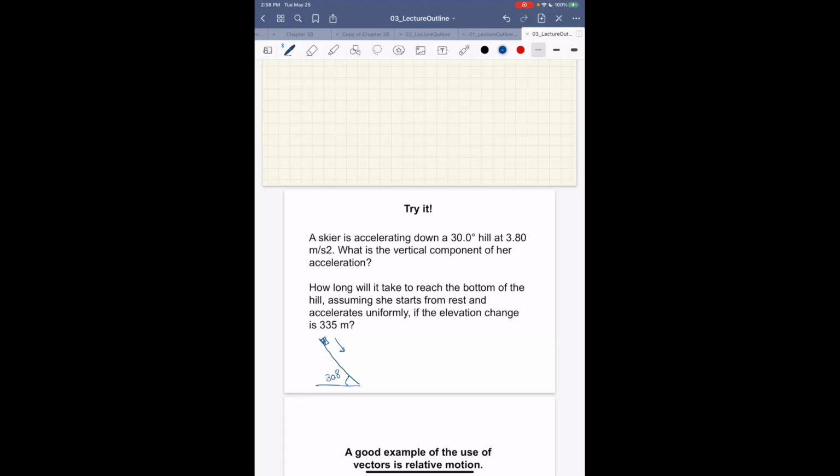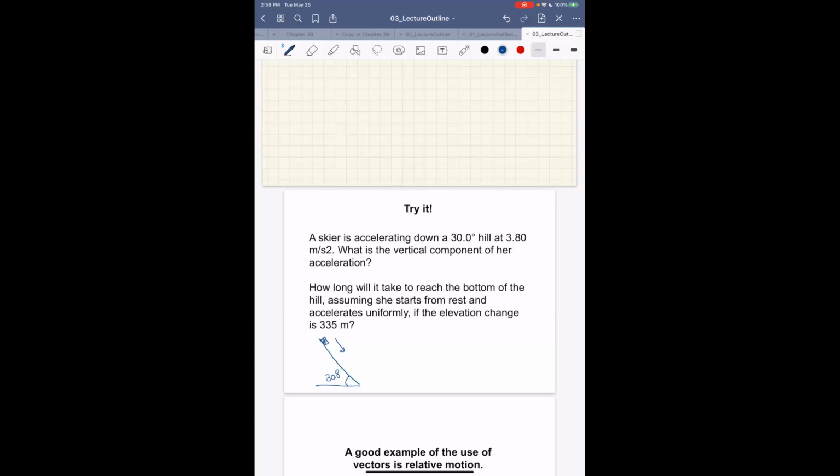I want you to work on this problem, and if you have any questions, bring them to me. Like any vector, we have an X component and a Y component.